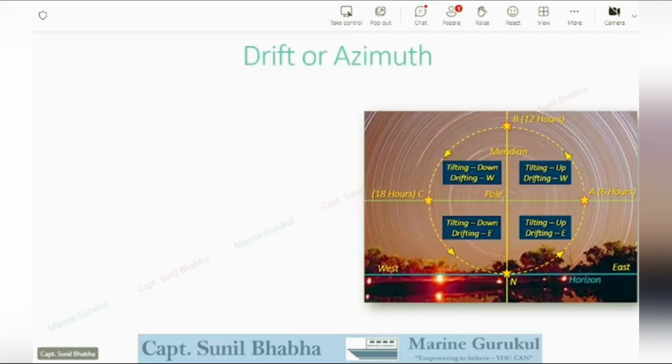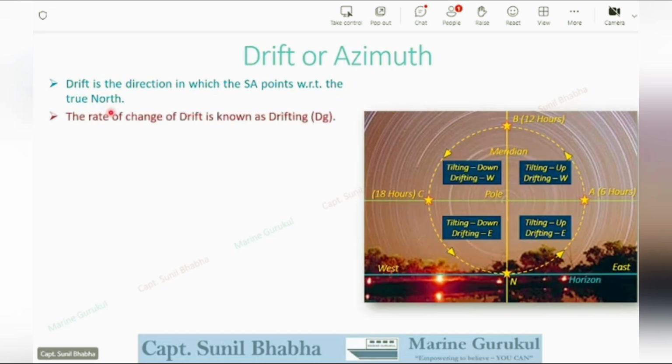Now moving on to understanding of the drift and the drifting formula. Drift is the direction in which the spin axis points with respect to the true north. It refers to the azimuth of the gyrostar. Whatever is the azimuth of the gyrostar, same will be the drift of the spin axis.